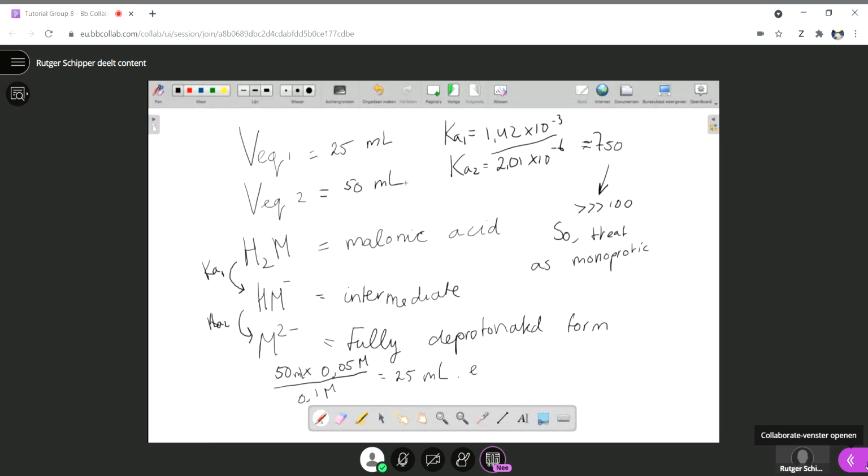And how do we proceed now? How do we proceed with the first exercise? So the first exercise is to calculate the volume added 0. So can you type in the chat how to approach this question? Maybe you wrote down the formulas that I gave. So I will write down the equation.